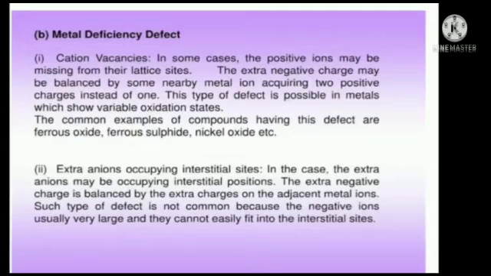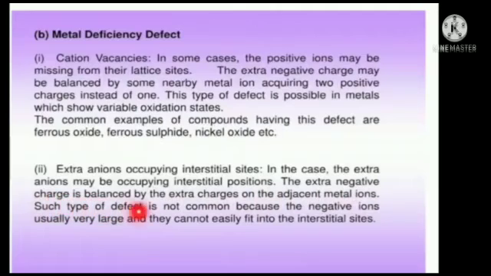Metal deficiency defect by extra anions occupying interstitial sites. In this case, the extra anions may occupy interstitial positions. The extra negative charge is balanced by extra charges on the adjacent metal ions.